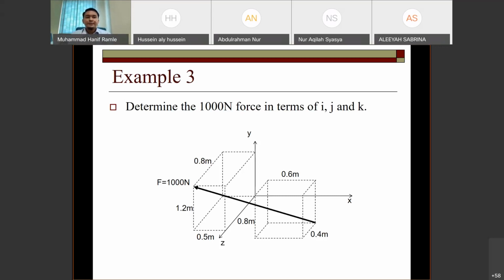The total d, the resultant of d. How about dx, dy, and dz? Yes, Rabiul Hassan said that you have to find dx, dy, dz, and of course you have to find the resultant. So how to find dx? Any idea?